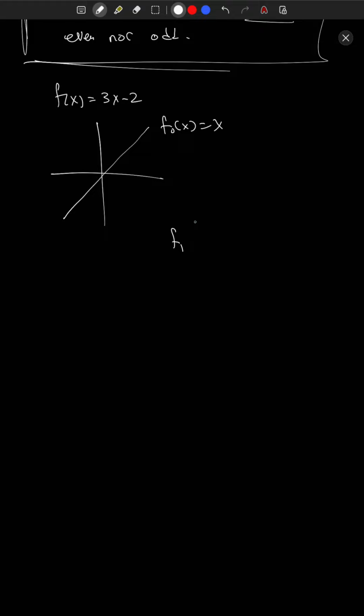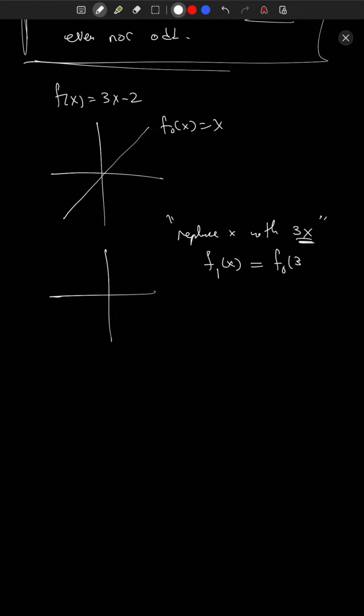So if I replace x with 3x, I end up with a function f1 of x equal to f0 of 3x, which is equal to 3x.